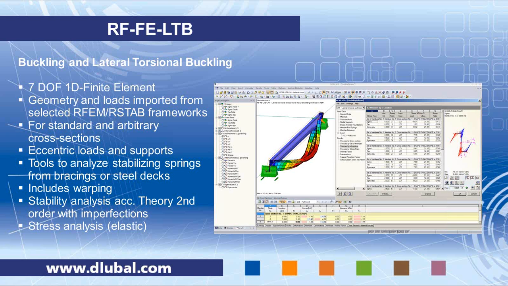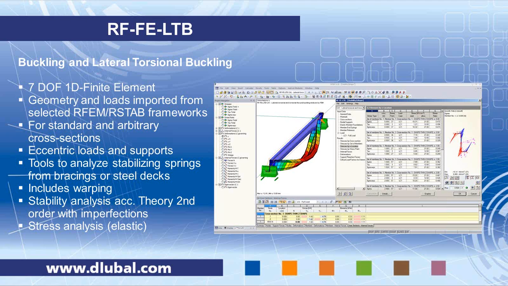In general, you find in the codes procedures how to check for stability for standard sections, like for an I section, but once it comes to a general section, there are not many regulations that you can use.